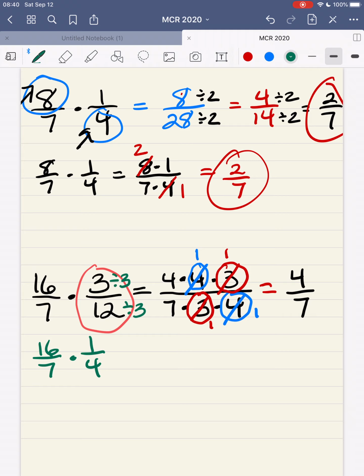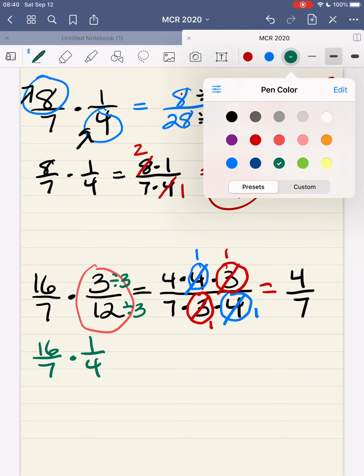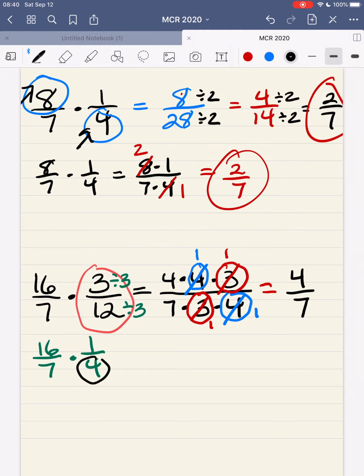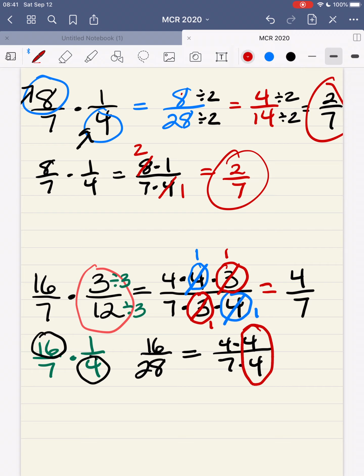I could multiply straight across if I wanted to, but then I also notice that I have a 4 and a 16. So I could divide top and bottom by 4. So I have 16 over 28, okay? Or I could write it like I did above as 4 times 4 over 7 times 4. And I have a pair of 4s that are like one on the top, one on the bottom. I can cancel them. And I still end up with 4 over 7.